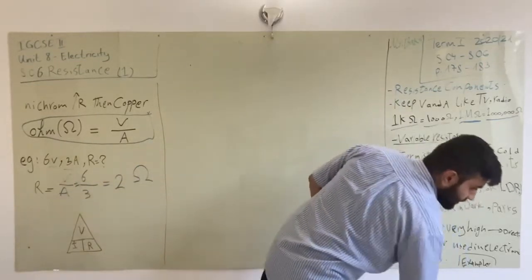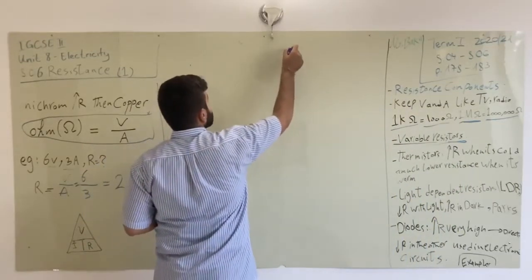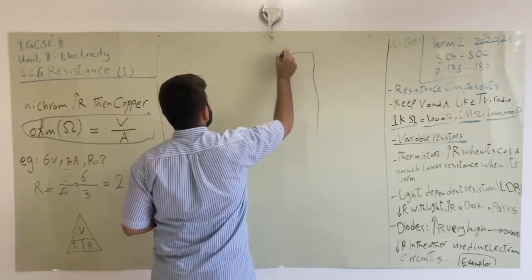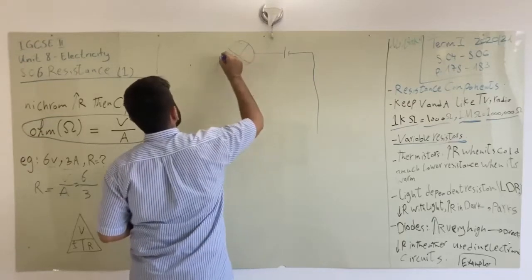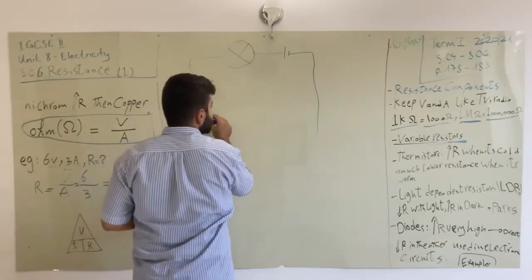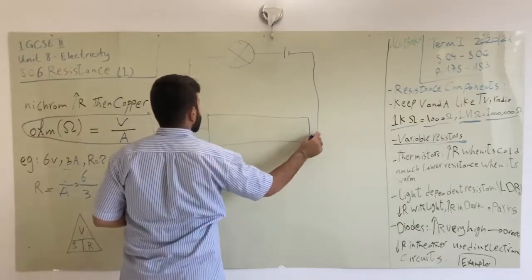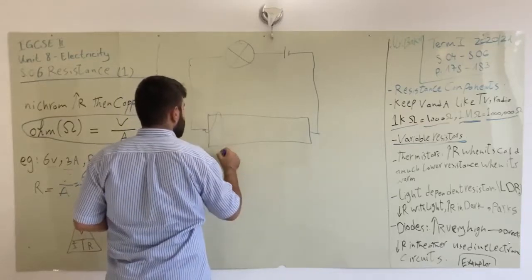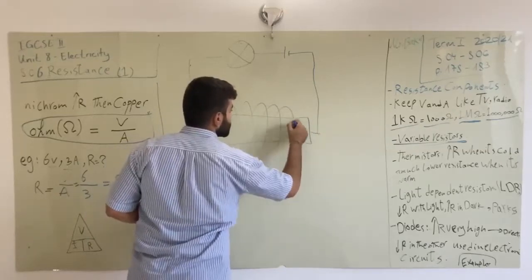That's enough. So, for example, we have here a cell. I have here a lightweight lamp. Now, imagine you have a long bar, and around this bar there is a wire that is connecting.